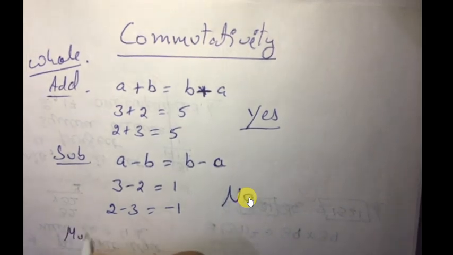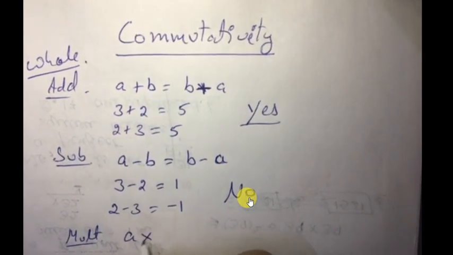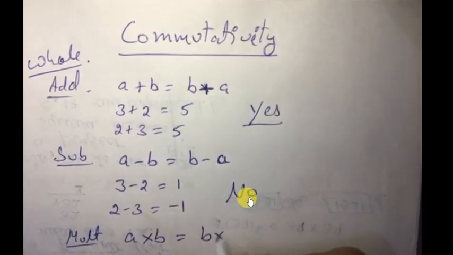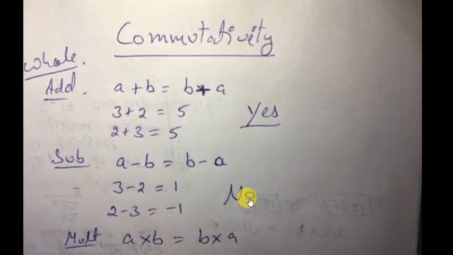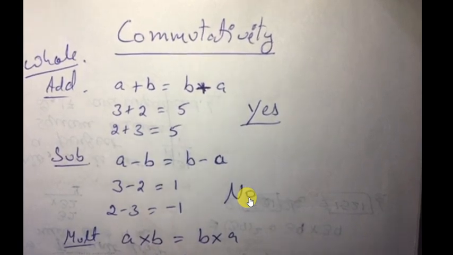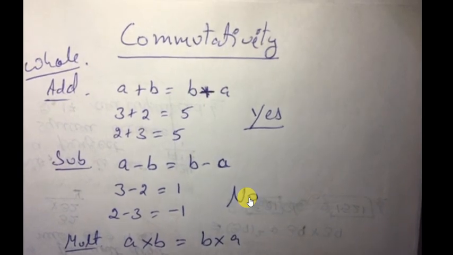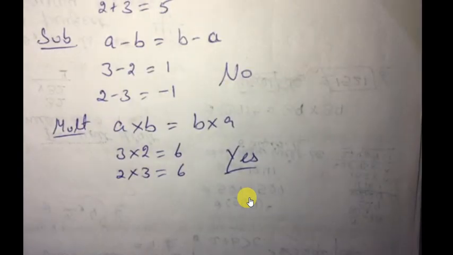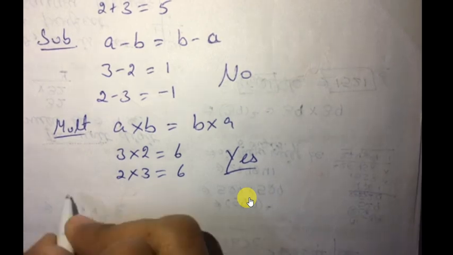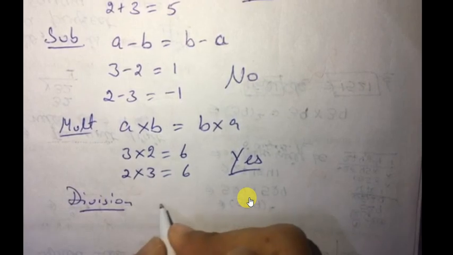Let's say for multiplication, if we write A into B should be equal to B into A. If both the results are equal, it will work. If they are not equal, it will not work. So let's say 3 into 2 gives you 6, and 2 into 3 also gives you 6. So for whole numbers, it worked. For division, let's check.